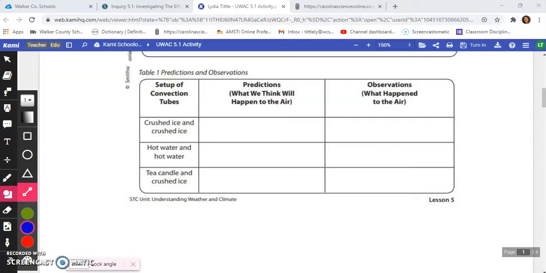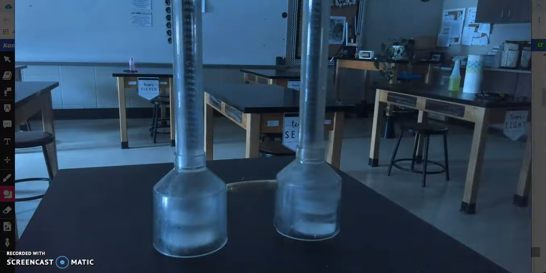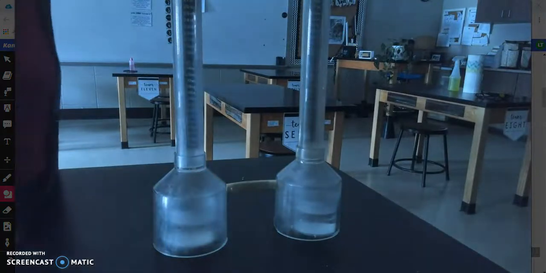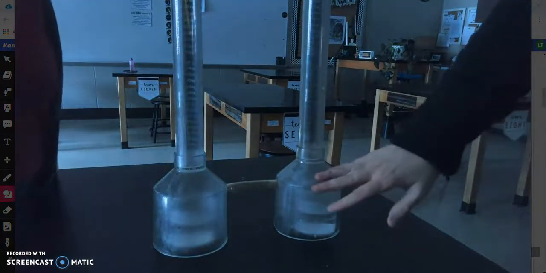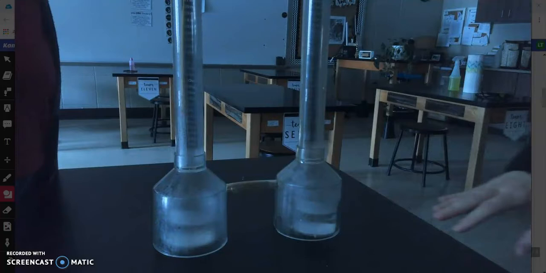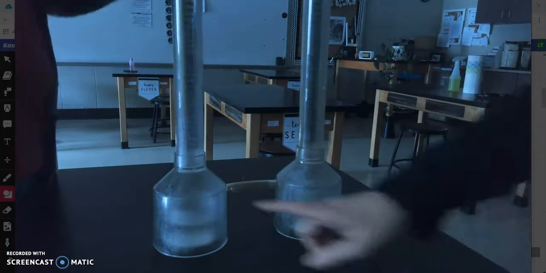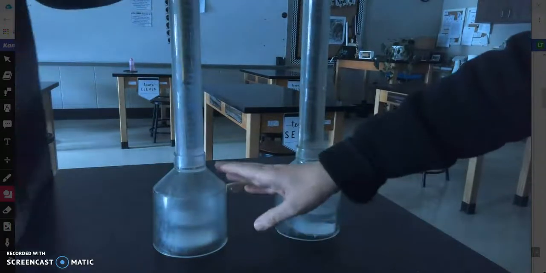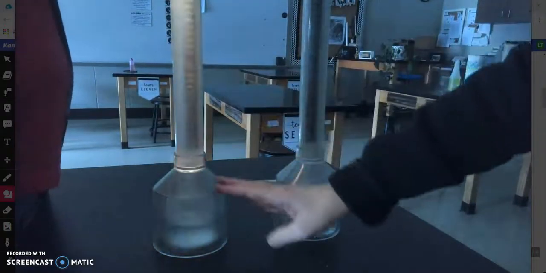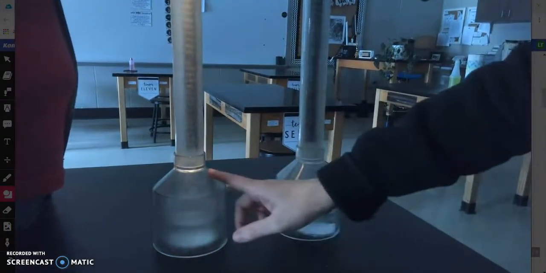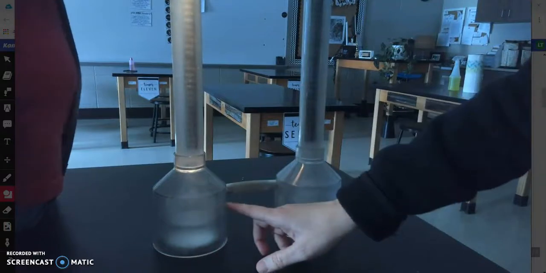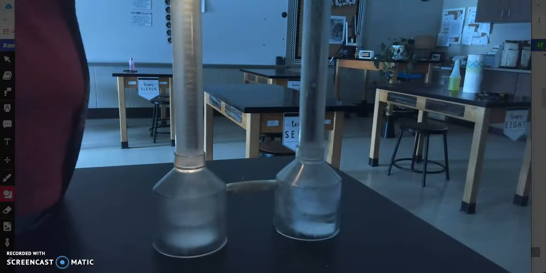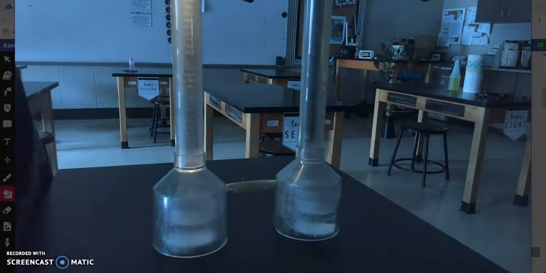Okay, now we're going to resume where we have hot water under each of the convection tubes. Right now it looks a little foggy because of the steam from that warm, moist heat. The smoke is moving down the convection tube and is circulating all around inside of the bottom of the convection tube, the bottom chamber.